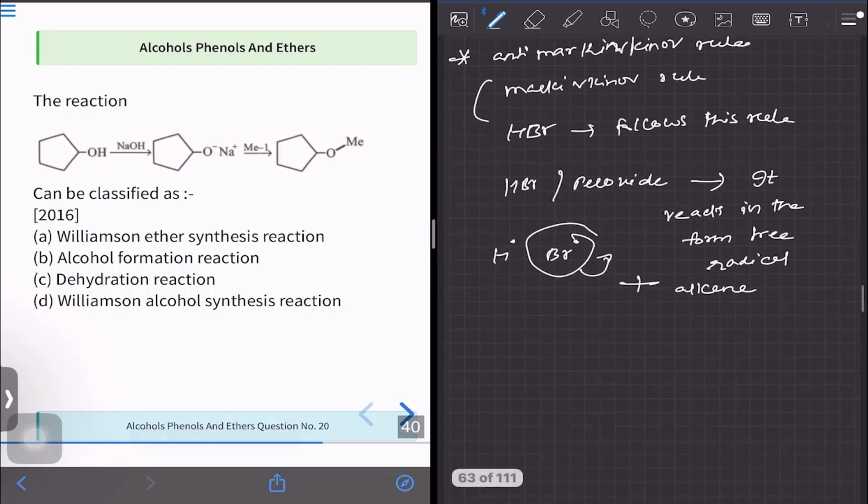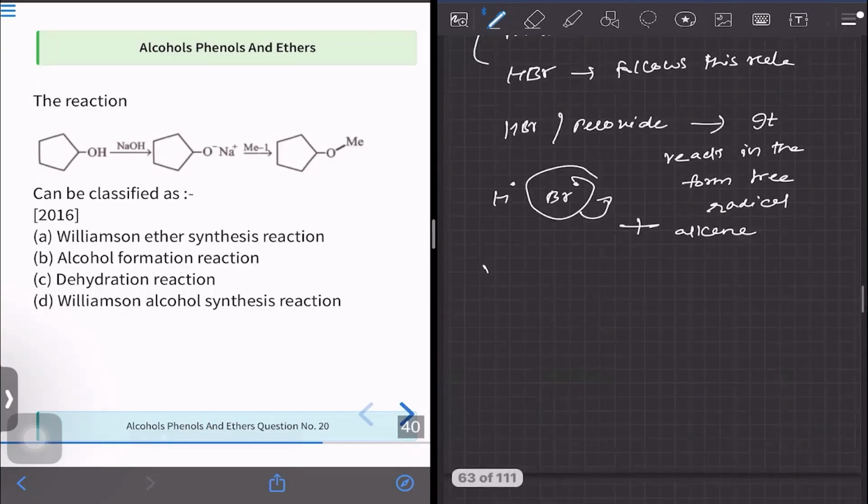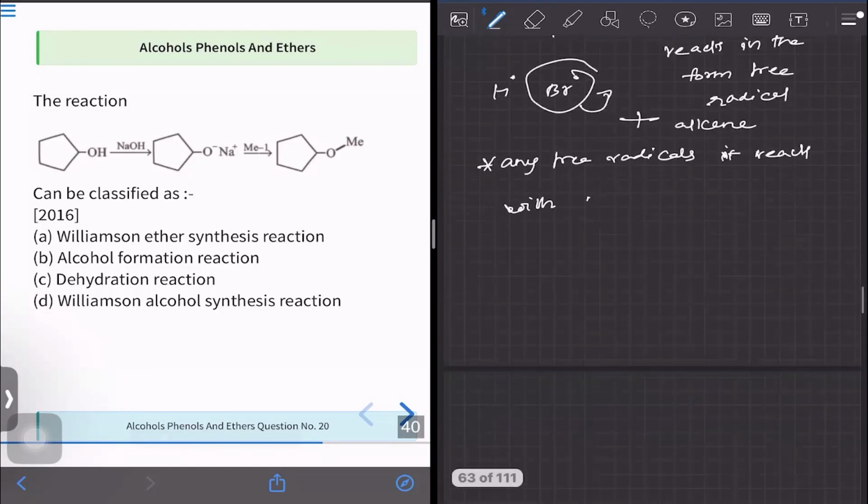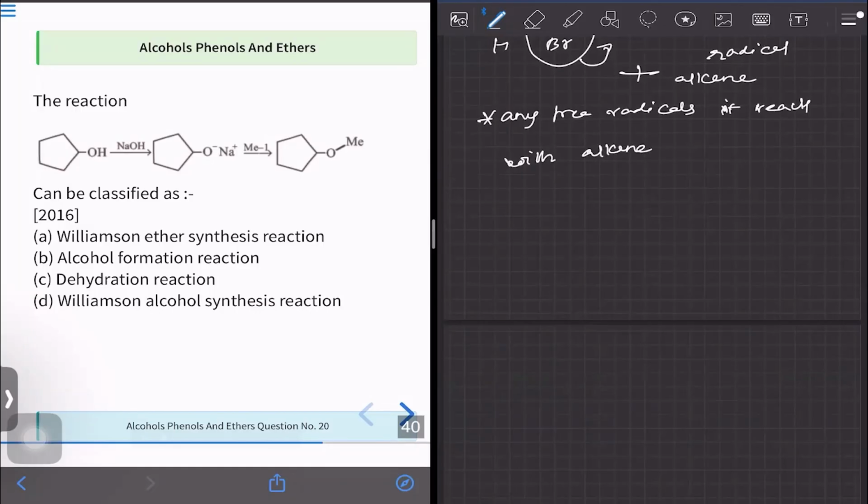So it follows the anti-Markovnikov rule. Any free radical reacts with alkene in the form of anti-Markovnikov addition.